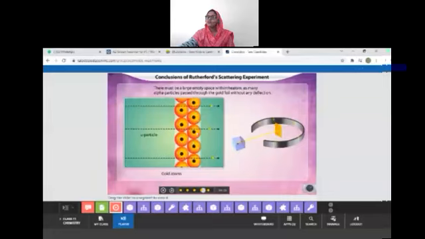You get this observation by looking at the zinc sulfide screen, and how the scintillations occurred on it. The first observation is that most of the alpha particles passed through the gold foil without any deviation, which indicates that most of the space of the atom is empty. Understood? Okay?